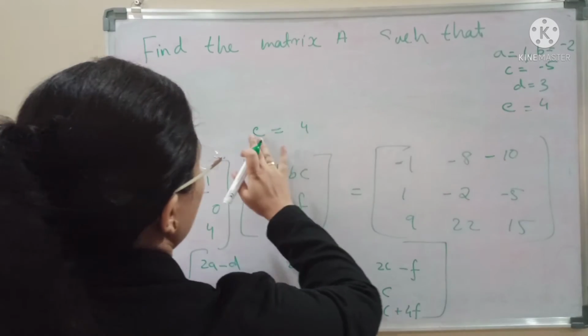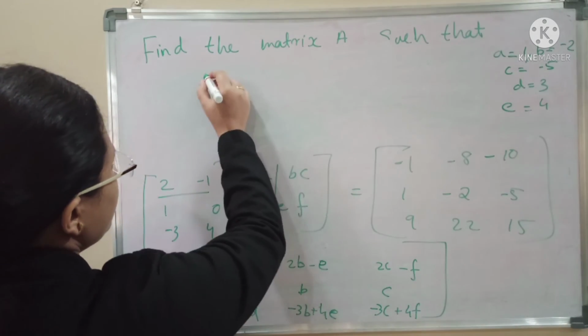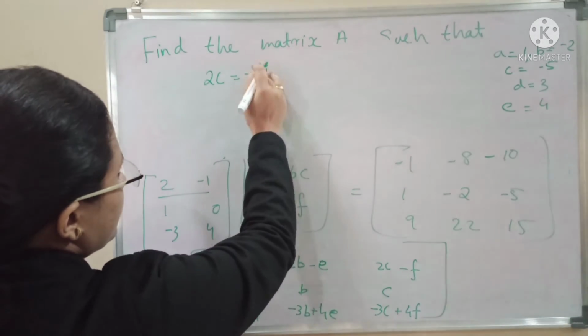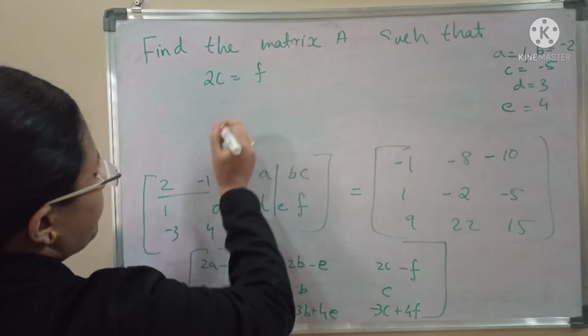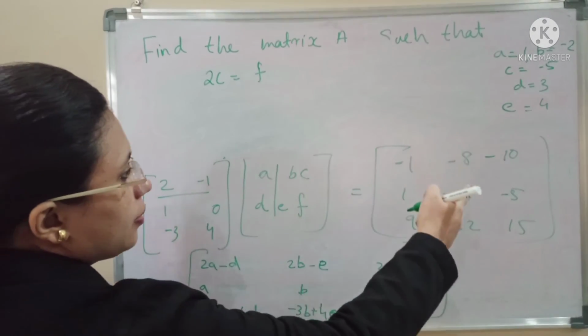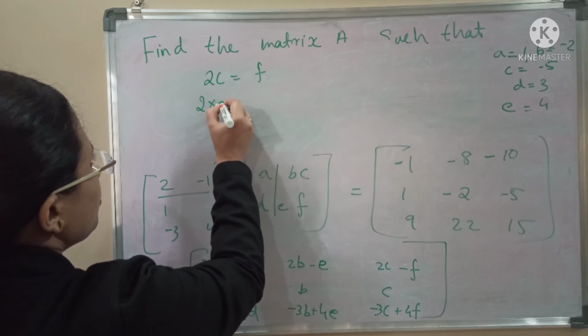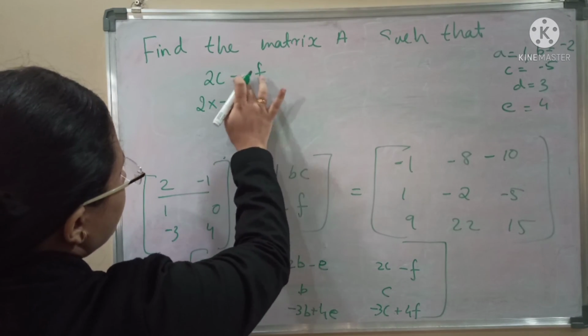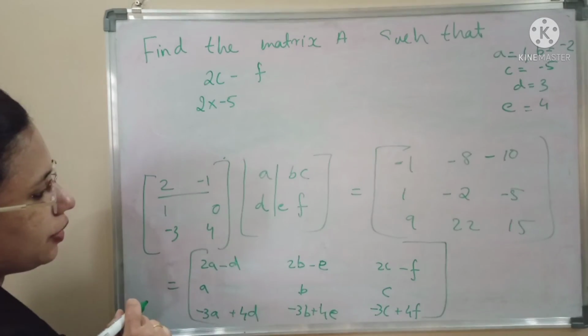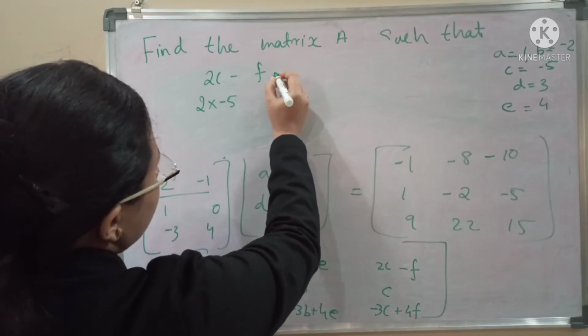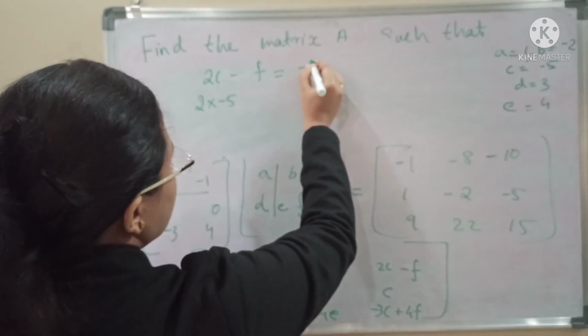Now let's take the third one. 2C minus F equals minus 10.